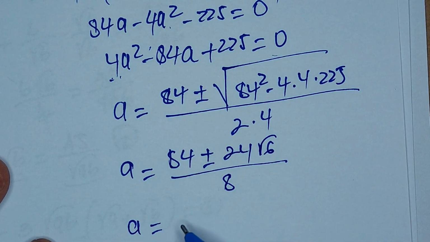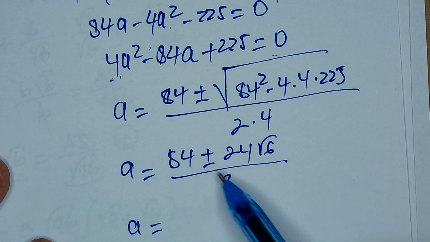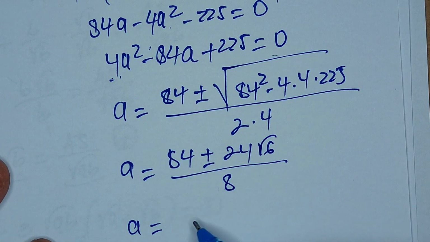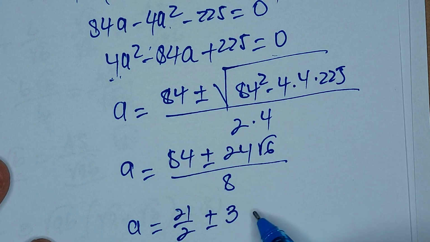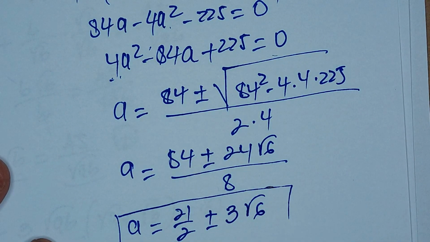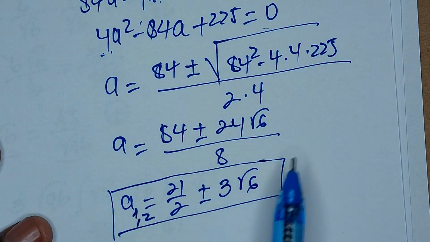And then when we simplify this, 84 divided by 8, we simplify by 4, we're gonna have 21 over 2 plus or minus this 24 divided by 8 is 3 square root of 6. Okay, so these are our values of A. This is A1 and A2.